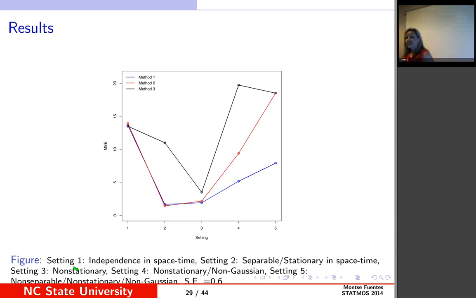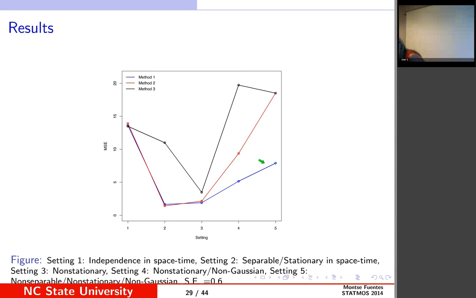What you can see here, the blue line is the proposed model, model 1. In the first case, when we have independence, it does as well as the others, but as you increase the complexity, there is a very significant improvement in the results, emphasizing the need for this more general model as we increase the complexity.